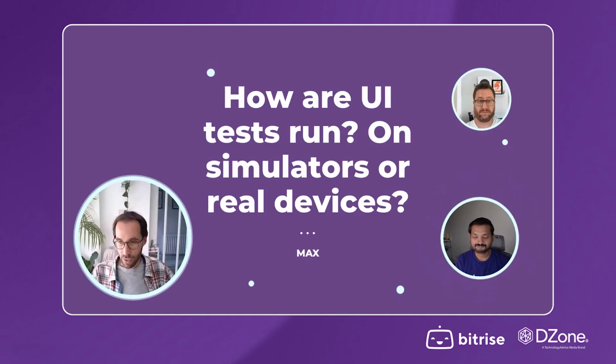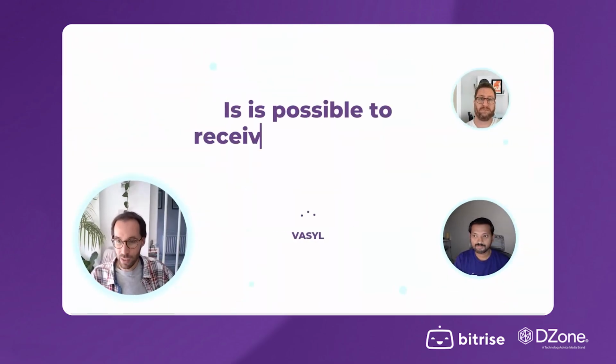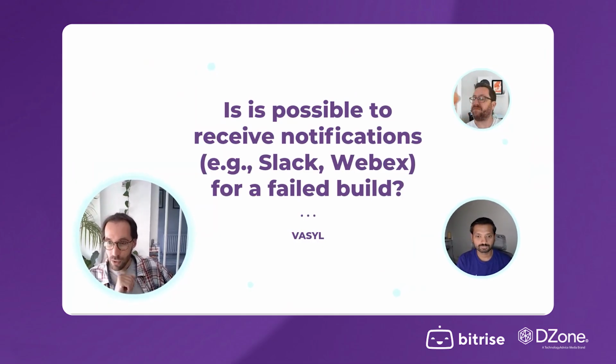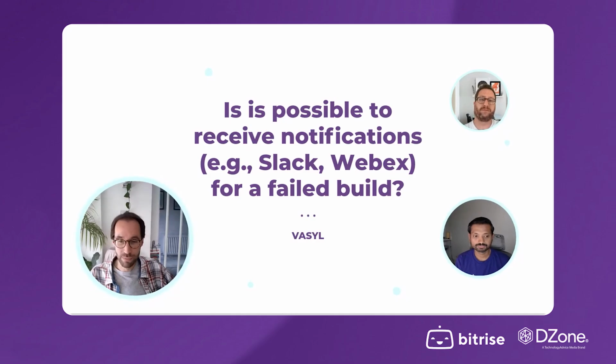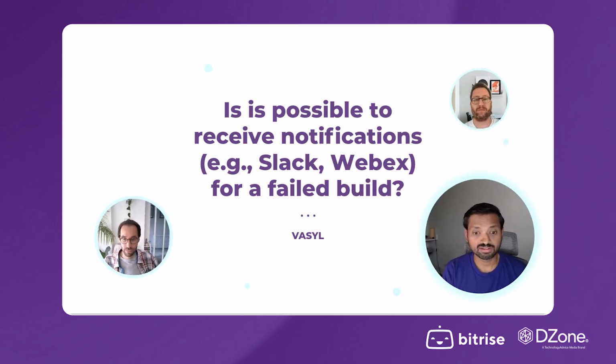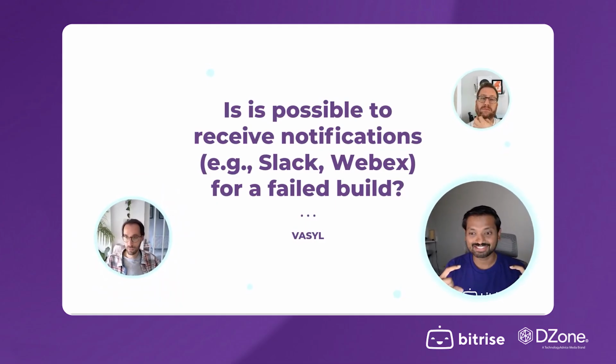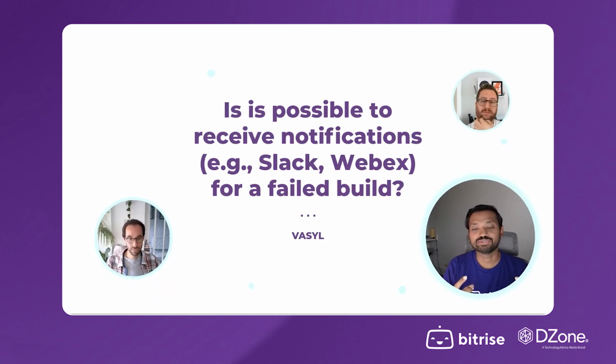All right, and we have one last question in the stream today, which is from Vasil, who is asking, is it possible to receive notifications, so Slack, WebEx, and so on, for a failed build? Yes, Vasil, thank you for asking the question. Like in the integration scenario we looked at, where at the end we had the Slack step that you can add for sending notification, you can use that to send the notification.